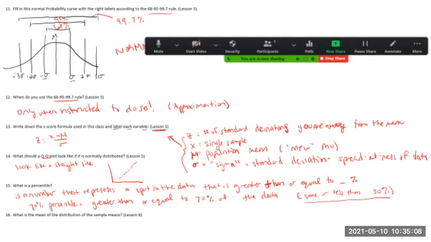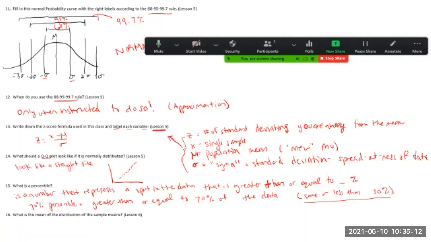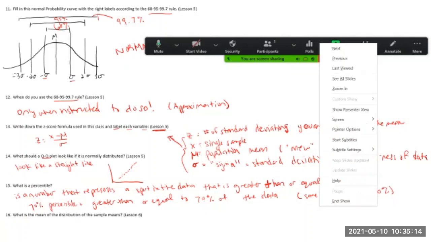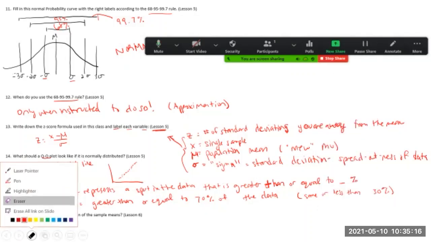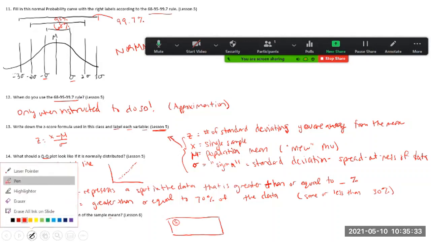Okay. Number 16, what is the mean of the distribution of sample means? Now you might be like, what does that mean? You're just using two words here. What's going on is if we have a population, and in that population we take a sample with sample size n.